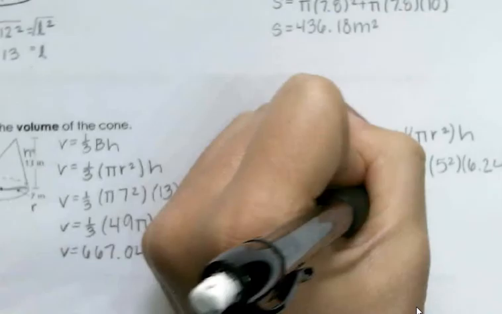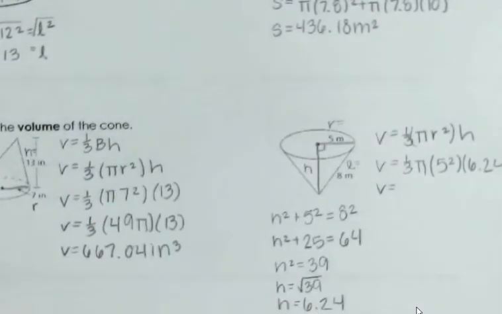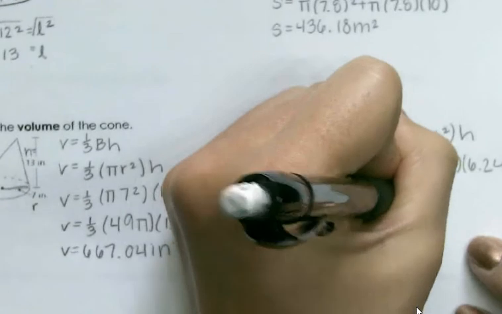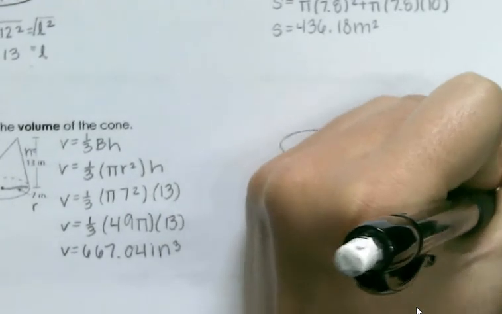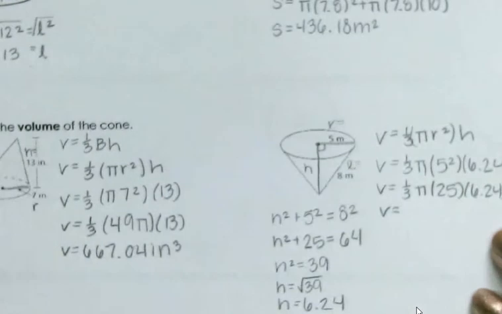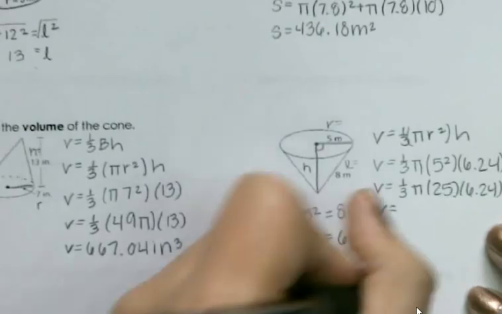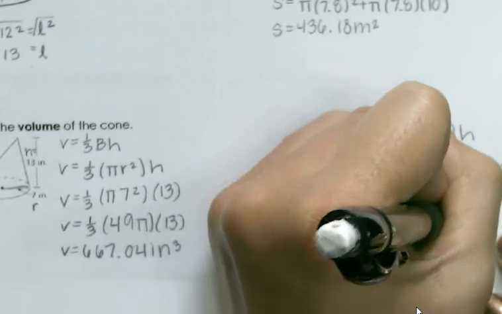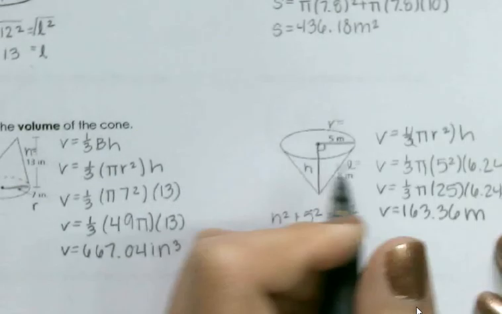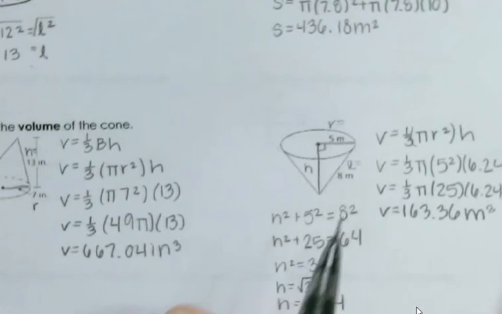Okay, so our volume, take a third pi times 25 times 6.24, and at this point we're just going to plug it into our calculator, and we get 163.36, and again this is meters cubed because we're talking about volume.